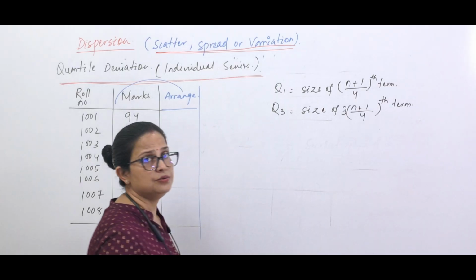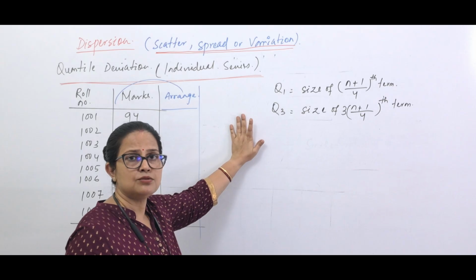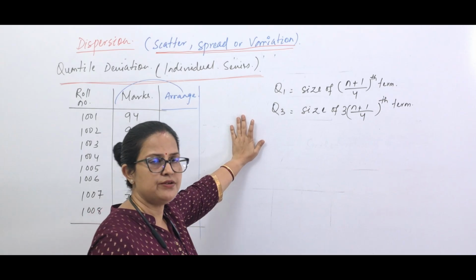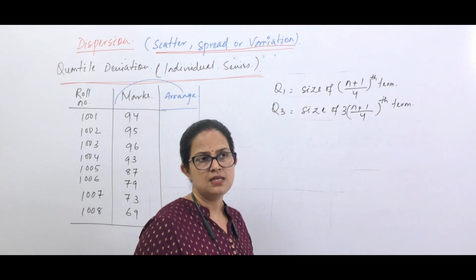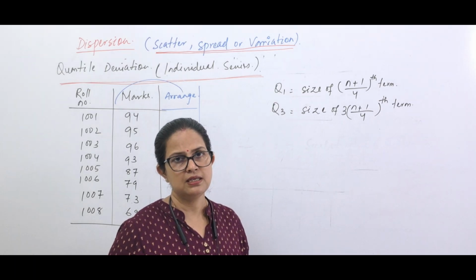Let us see how we are going to calculate. As discussed for the median, first we need to arrange the series. If the series is not arranged, we have to arrange it in ascending or descending order.